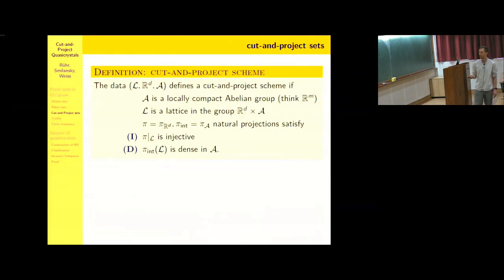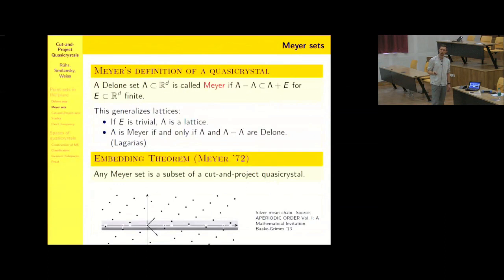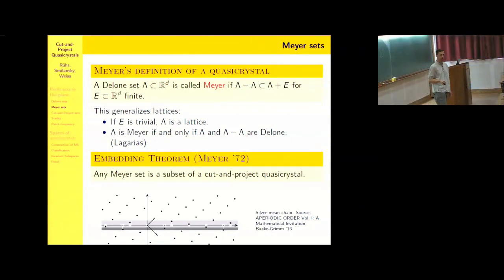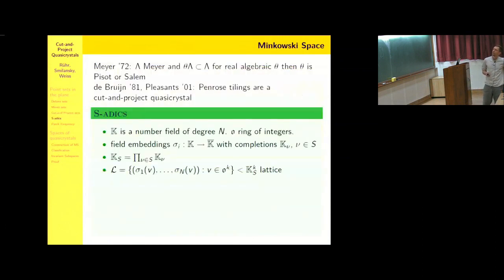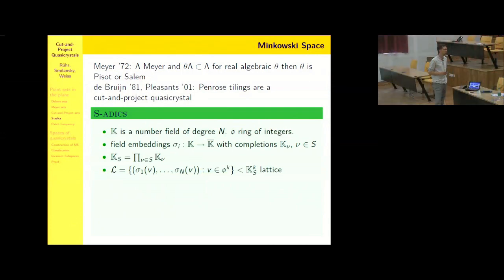The notion is good because it fits with this theorem of Meyer. Meyer used this theorem as follows: suppose we start with some Lambda which has some dilation invariance by some theta, a real algebraic scalar.